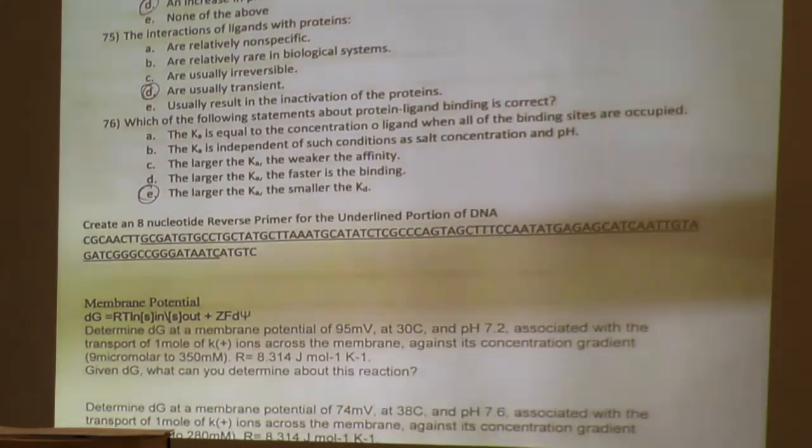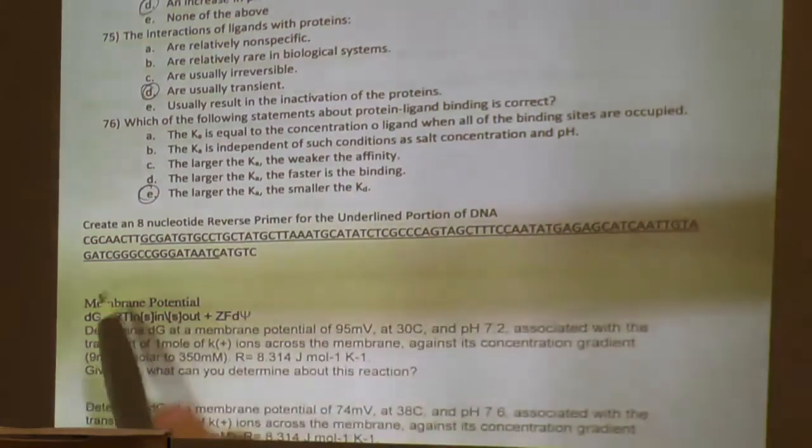All right. So, create an 8 nucleotide reverse primer for the underlying portion of DNA. Where would you even start with this problem? Yeah, you'd start with the complementary strand.